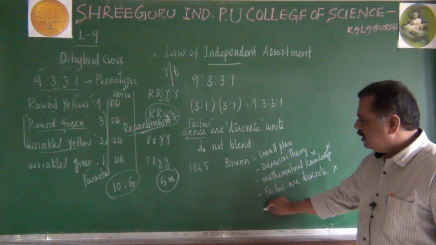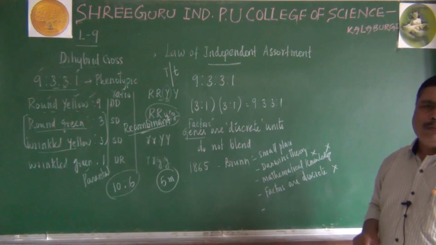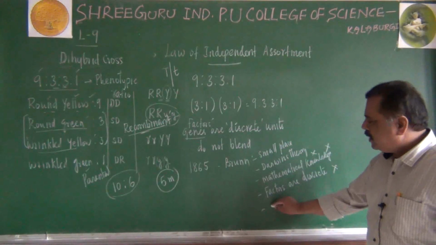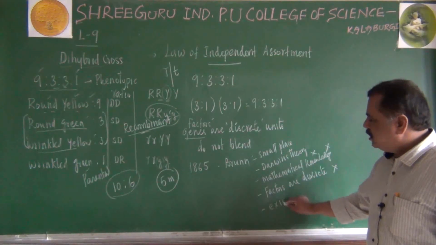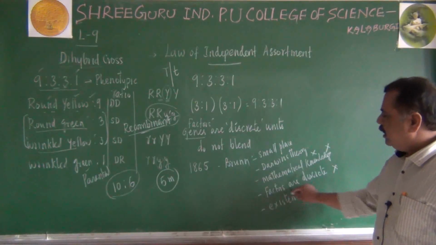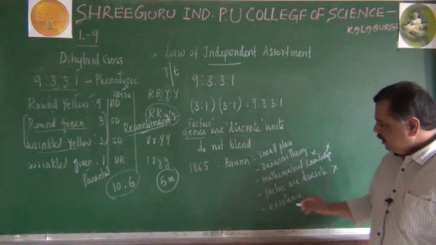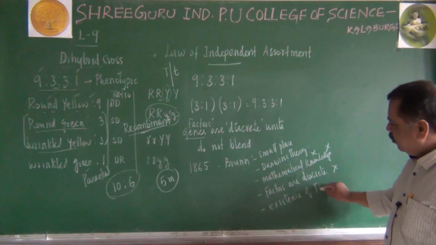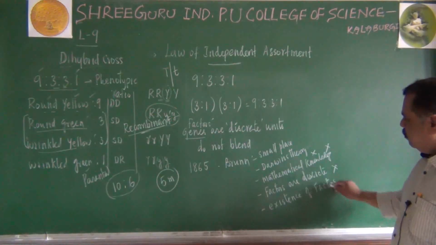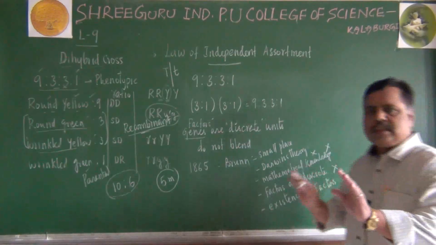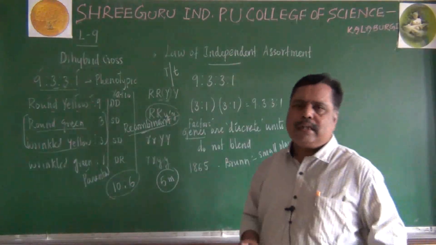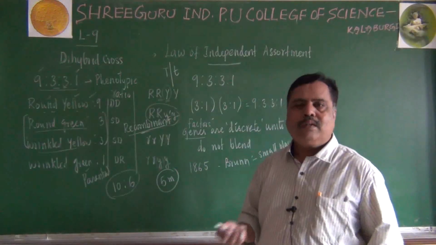Apart from this, there was one more problem also. Existence of factor or existence of gene was not given any proof by Mendel. Mendel told that factors are there, they govern the character, he told. But where are those factors?